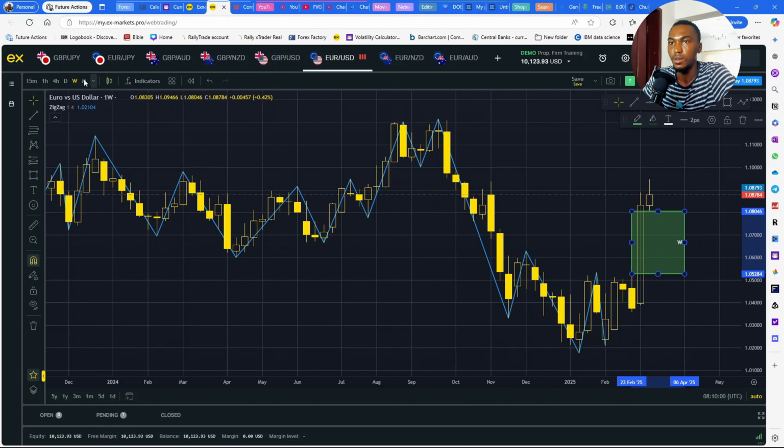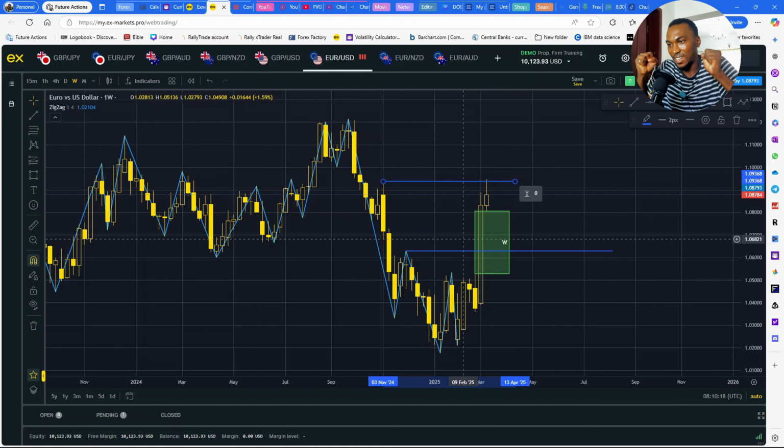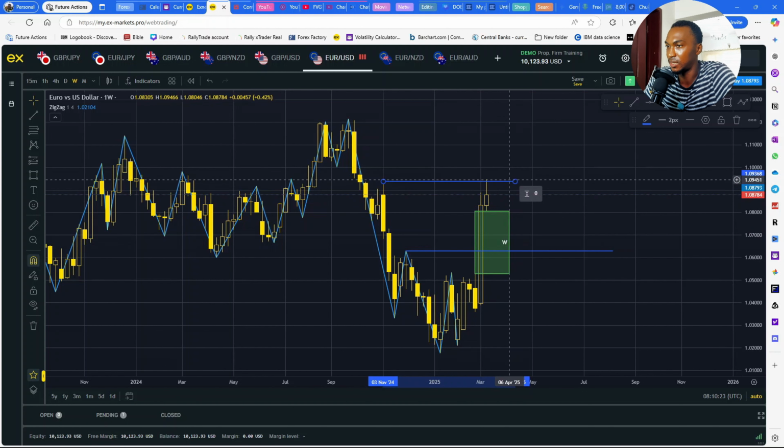Putting it on the weekly, what do we see? We have this. We have price mitigated, and this is a very, very tight spot to be in. It might come in and push off and mitigate again, have some interference, and then move out.